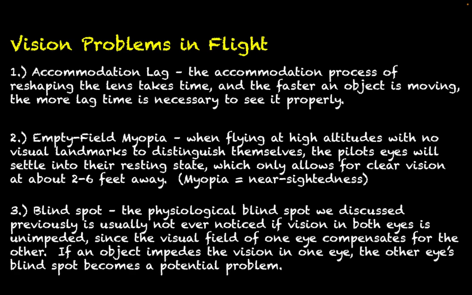So the blind spot we talked about before, the physiological blind spot, you really don't ever notice because the blind spot of your left eye is offset by the blind spot of your right eye. They compensate for each other. As long as your vision in both eyes is unimpeded, the visual field of one eye can compensate and fill in the missing information for the other eye.